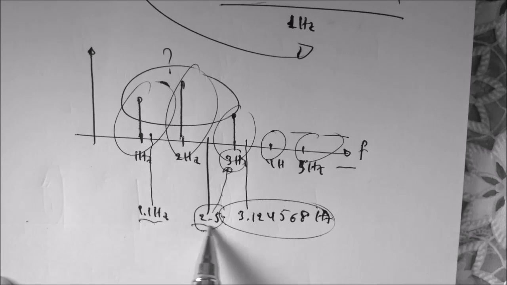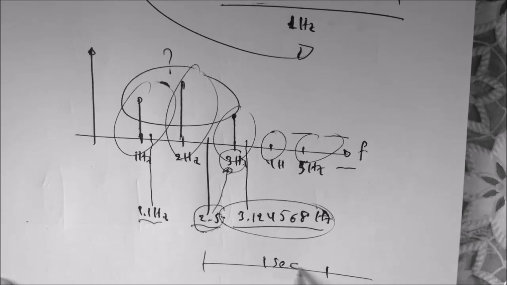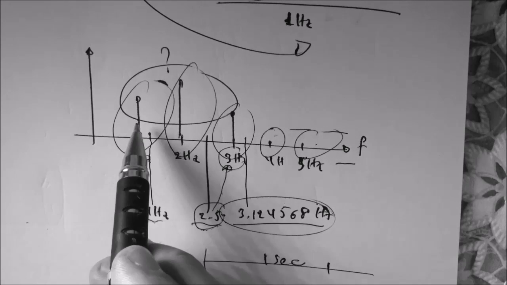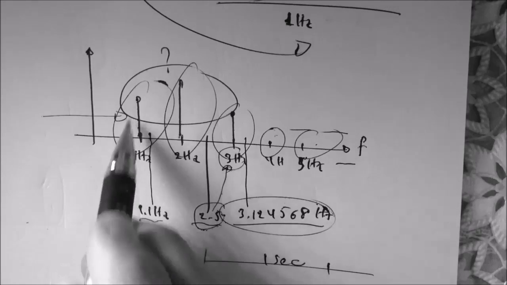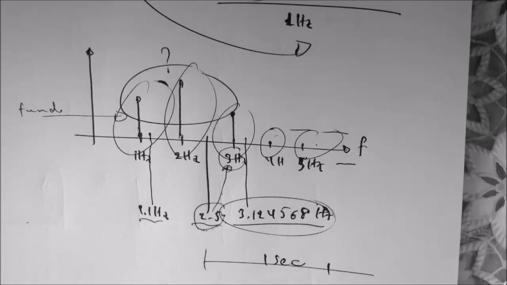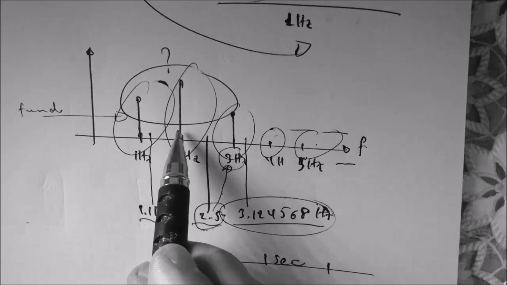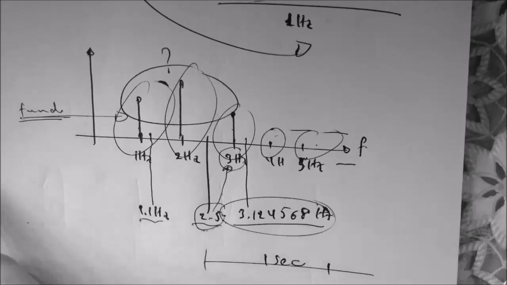So these frequencies, if they are contained in this signal, they will corrupt the duration of the signal. It will never be 1 second. So it may only contain these frequencies that are multiples of this one, the 1 Hz. So if we call this frequency the fundamental frequency, all of these are multiples of this one. You can see that the existence of these frequencies will not corrupt the duration of the fundamental frequency, which is 1 Hz.